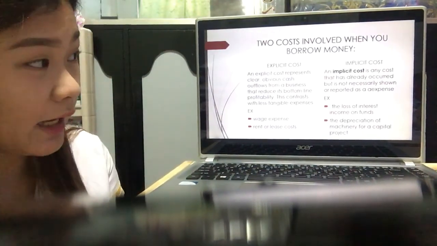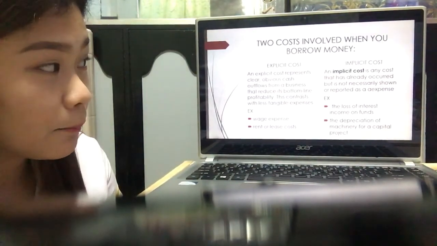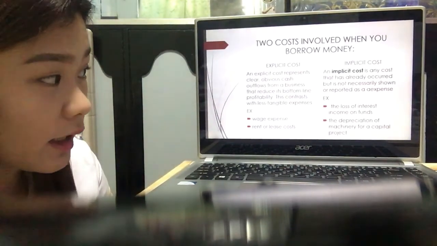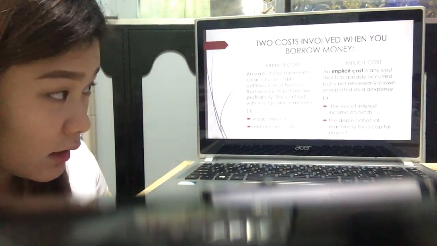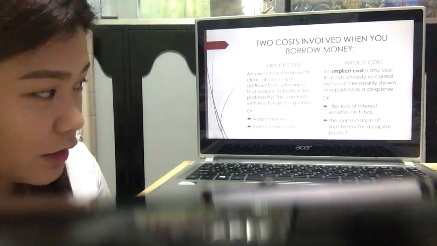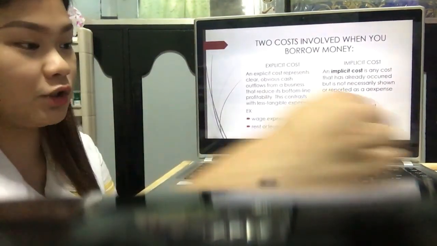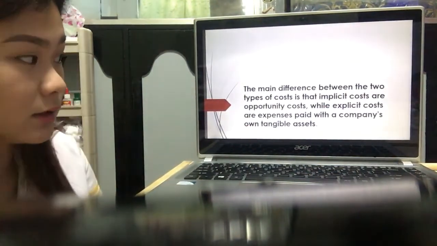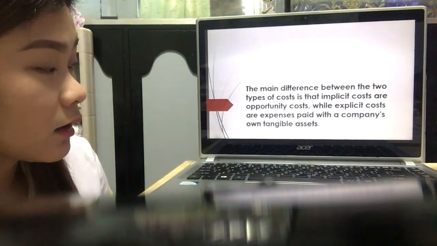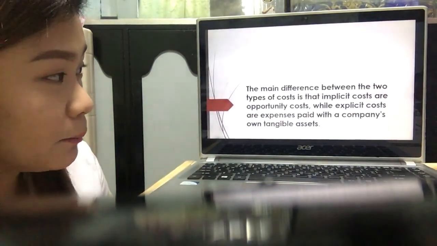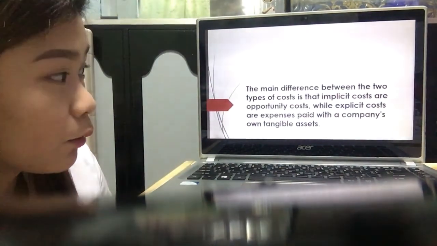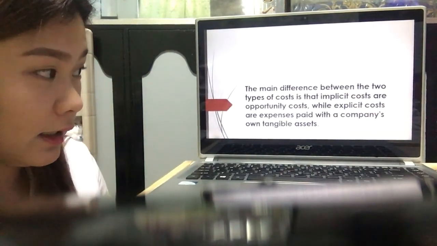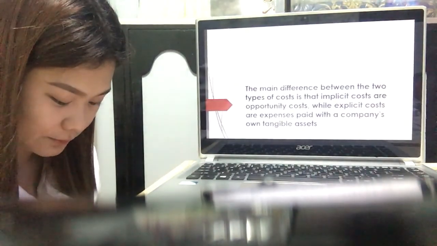An implicit cost is any cost that has already occurred but is not necessarily shown or reported as expenses. Example, the loss of interest income of funds and depreciation of machinery for a capital project. This is the main difference between the two costs. Implicit costs are opportunity costs, while explicit costs are expenses paid with a company's own tangible assets.